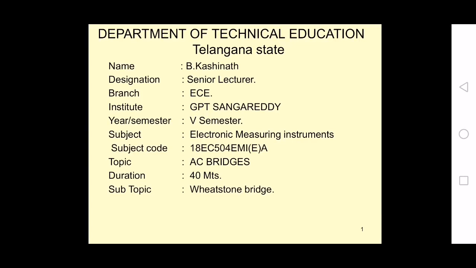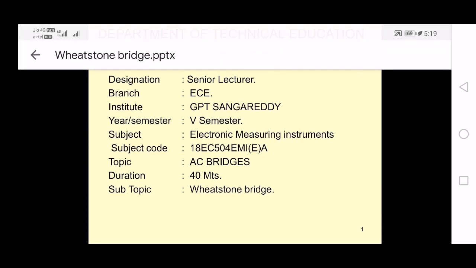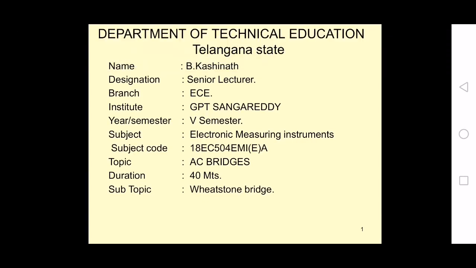I'm going to teach you the electronic measuring instruments subject, which is in third year, fifth semester. The subject code of this subject is 18 EC 504 EMI.